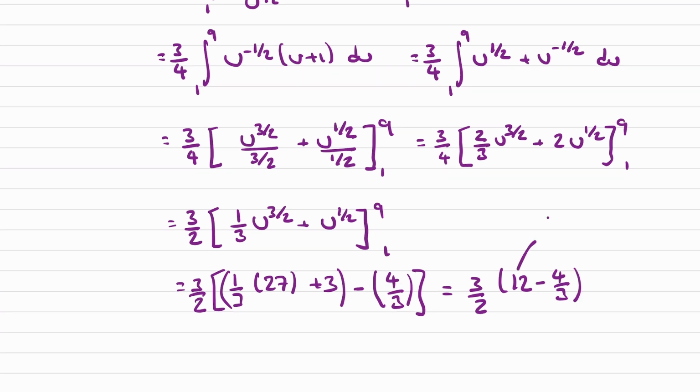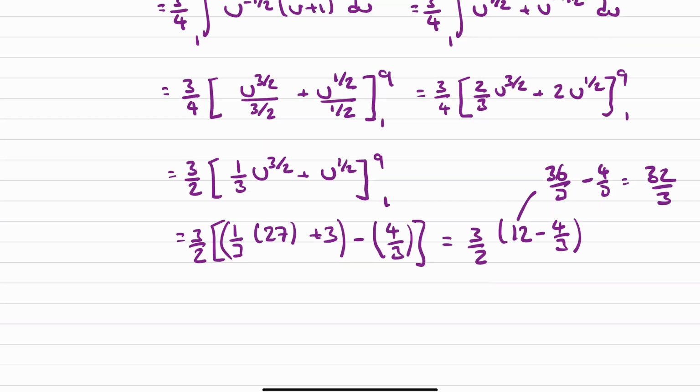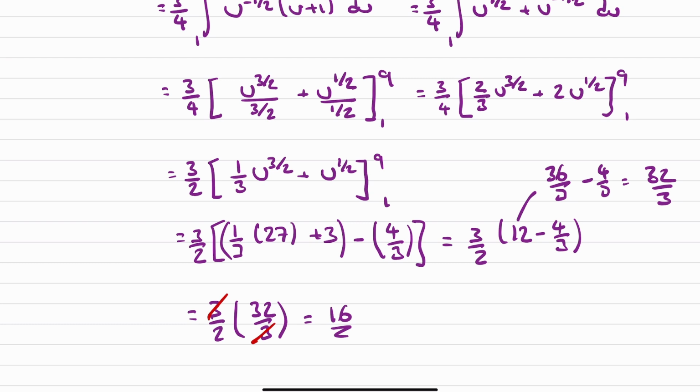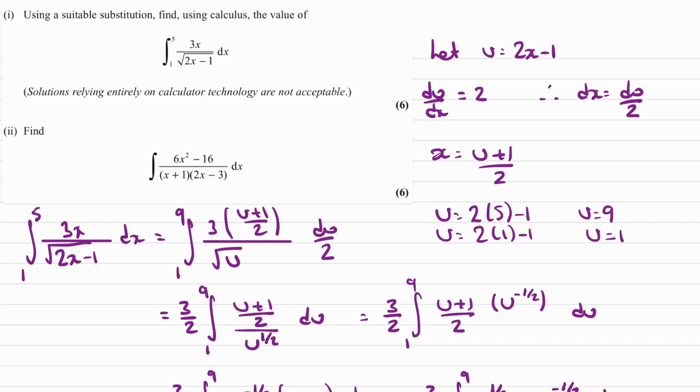The 12 is 36 over 3, minus 4/3 will give us 32 over 3. So we'll have 3 over 2 multiplied by 32/3. You can see the 3's will cancel, and 32 divided by 2 will just give us 16. Okay, so this is our final answer for part A, 16.